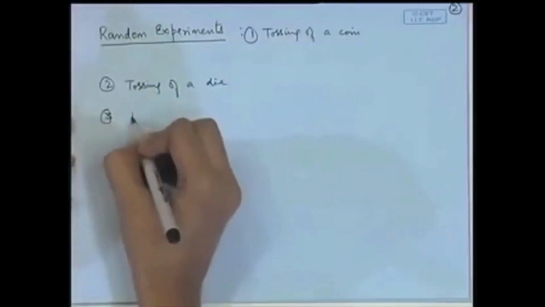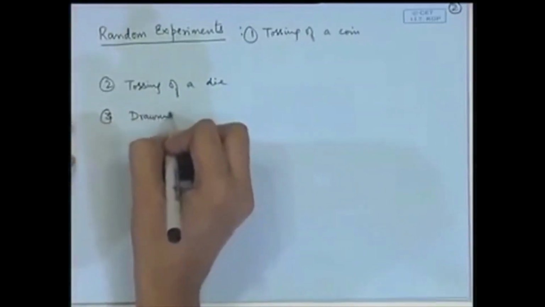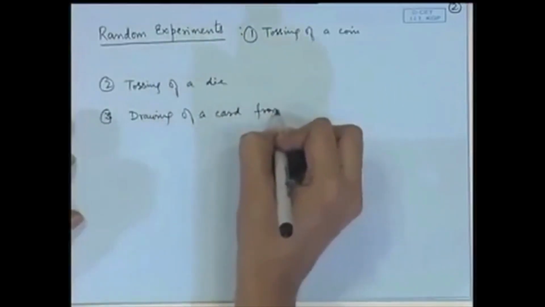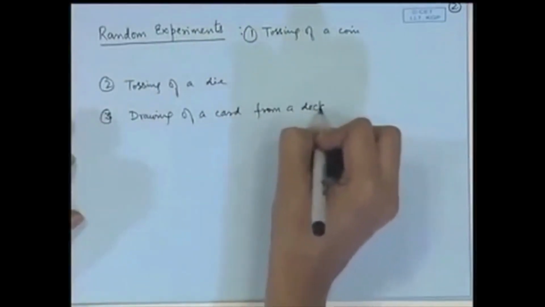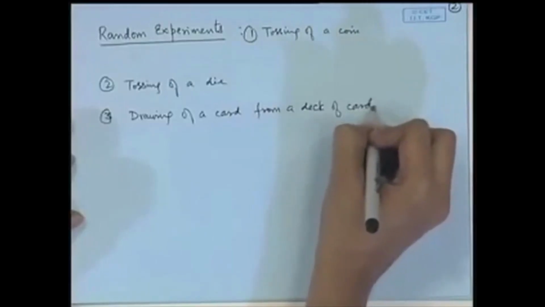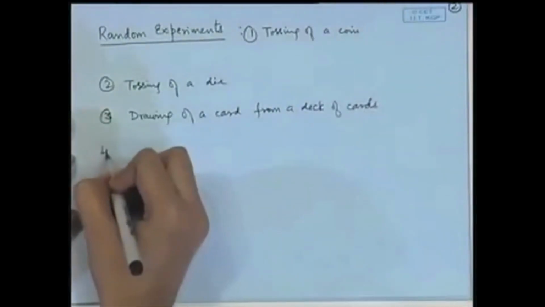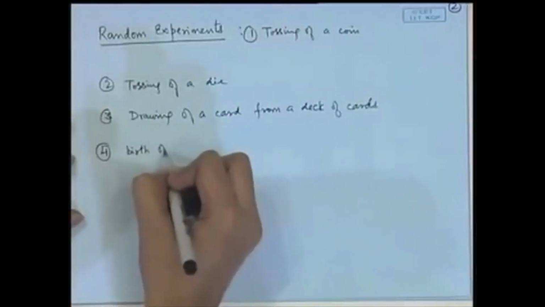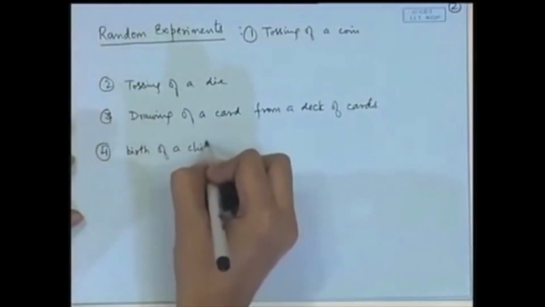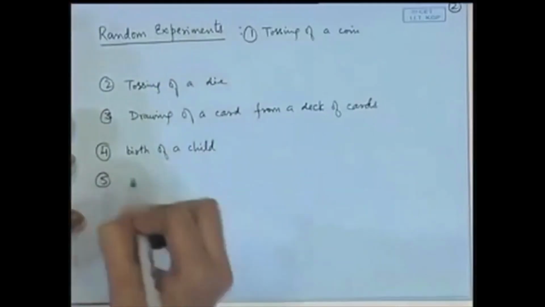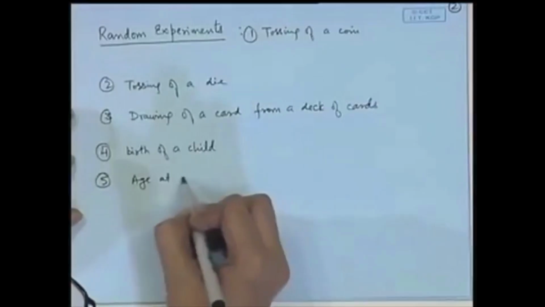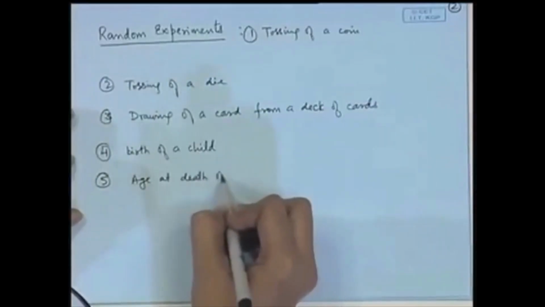Suppose we consider drawing of a card from a deck of cards. Suppose we consider, say, birth of a child. Suppose we consider age at death of a person.